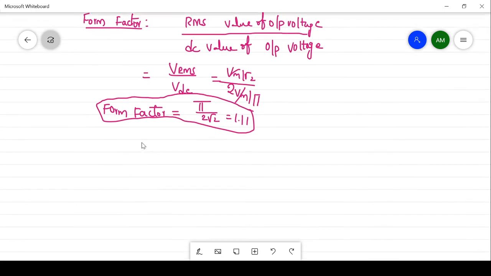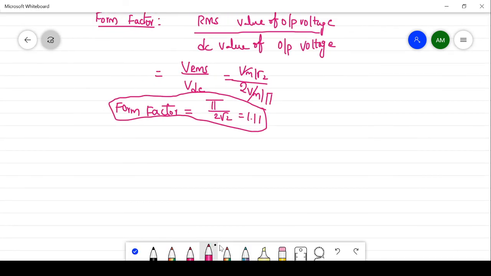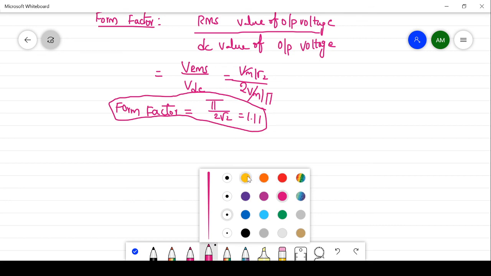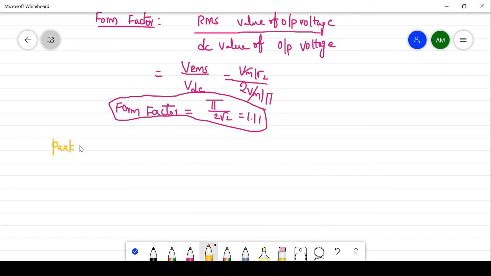Next, peak factor. Peak factor is the ratio of peak value of output voltage to the RMS value of output voltage.